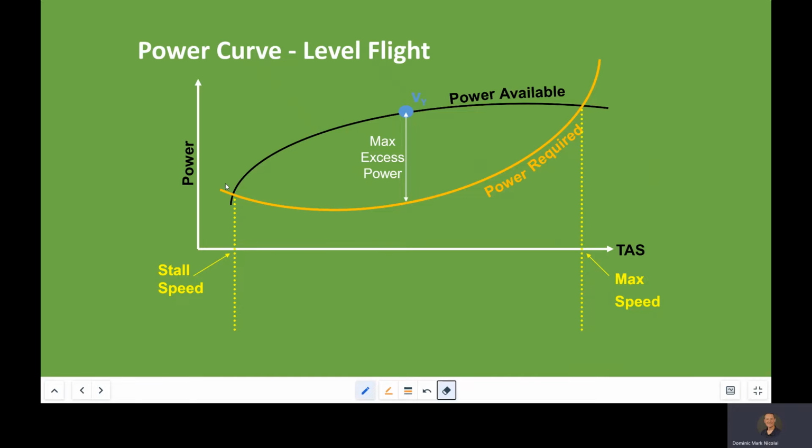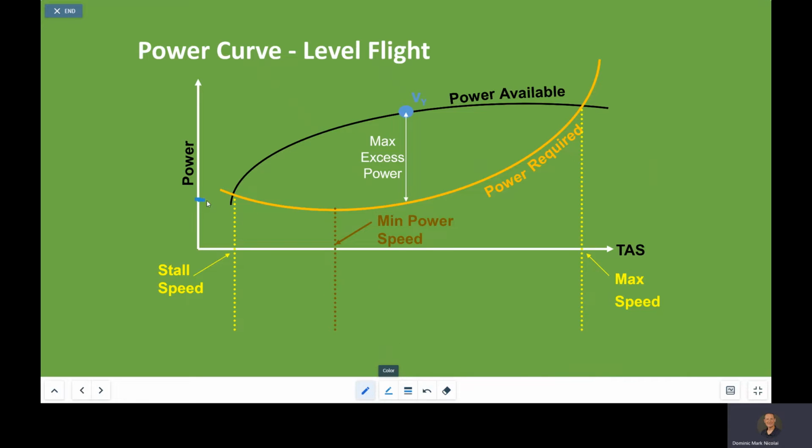To the left side of that point there, we have a bottoming out of the power required curve. This is a very special point. It's called the minimum power point, or minimum power speed. It's interesting that on either side of this, your power setting could result in a fast speed or in a slow speed.